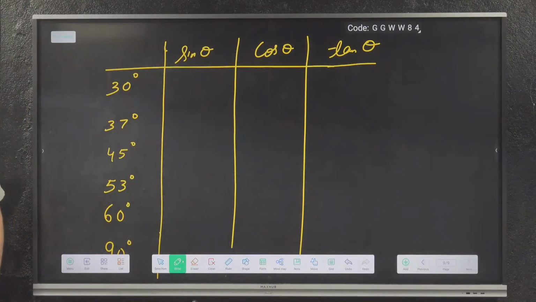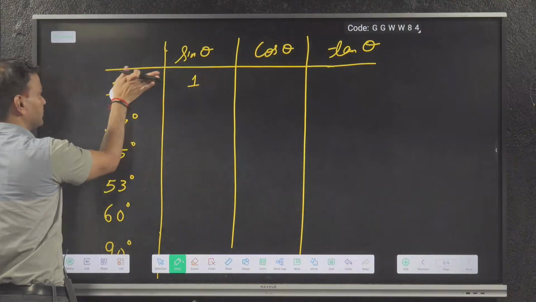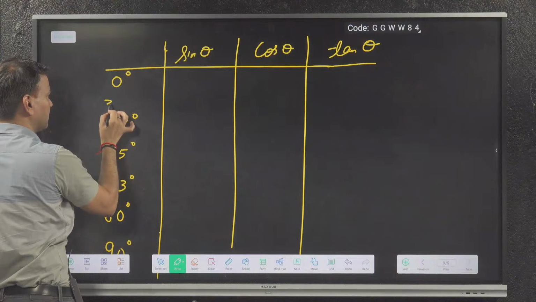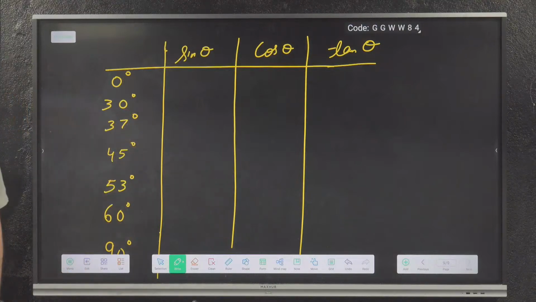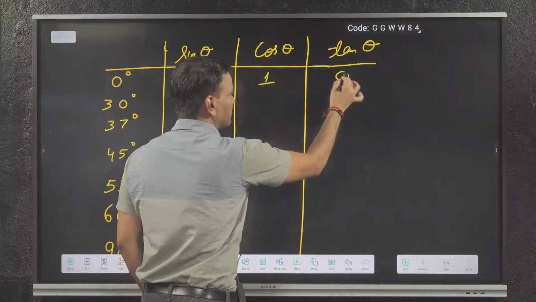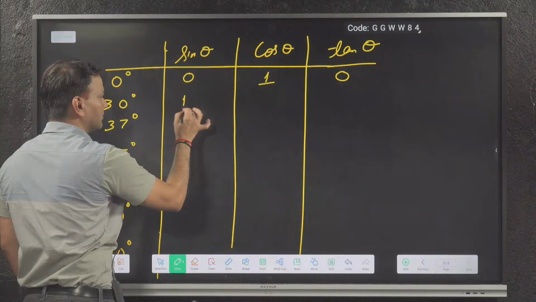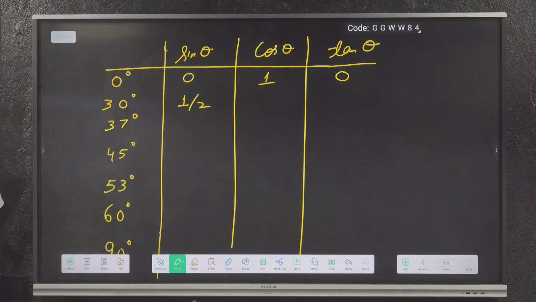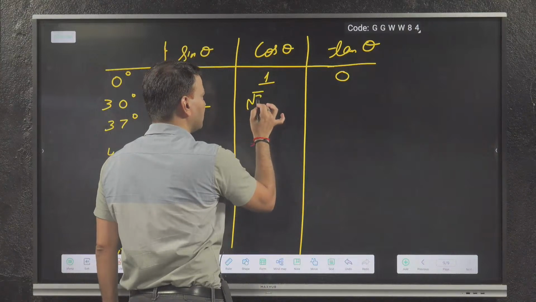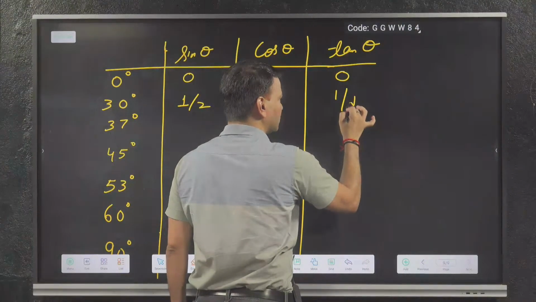So what is sine 30? Sine 30 is equal to 1 by 2. One more I left, 0 also. So sine 0 is equal to 0, cos 0 is 1, tan 0 is 0. Then sine 30 is equal to 1 by 2. These values we have to remember. Sine 30 is 1 by 2, cos 30 is root 3 by 2, and tan 30 is 1 by root 3.